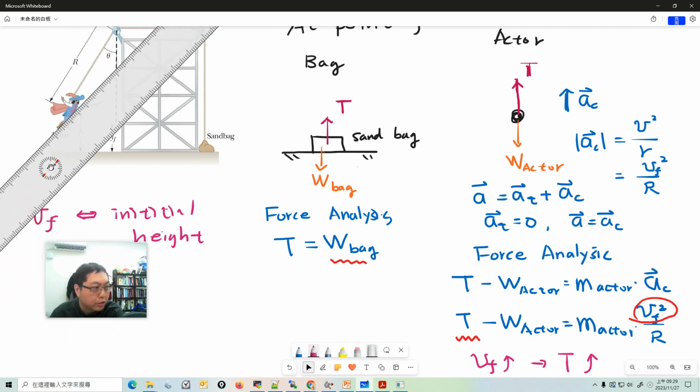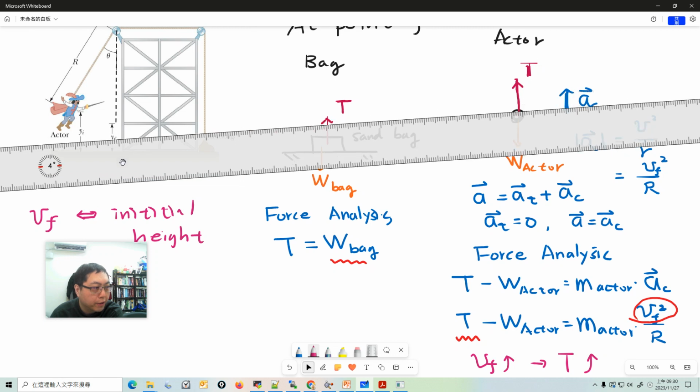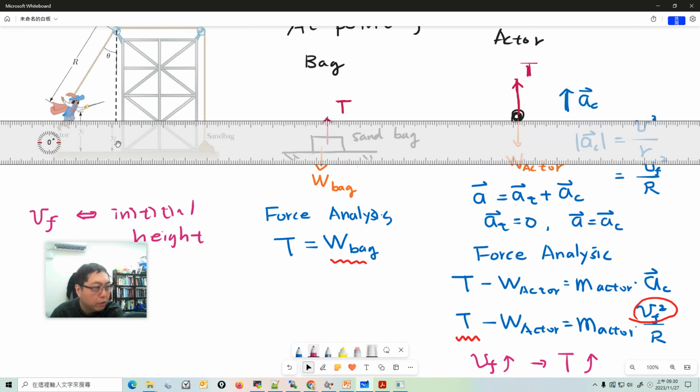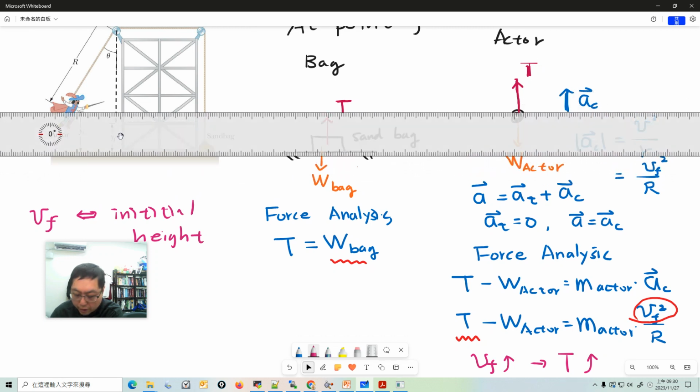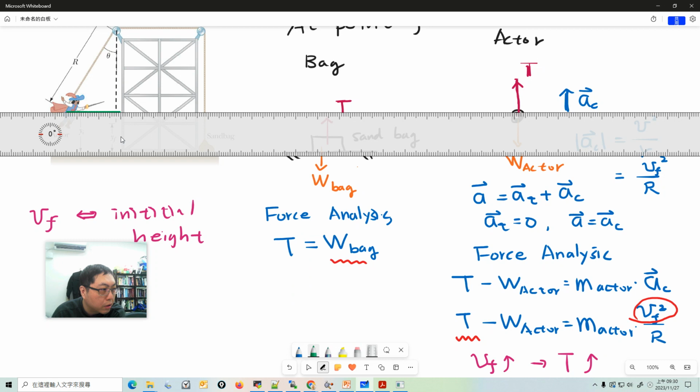Suppose the rope length R here. The length of this rope section doesn't change when the actor swings from I to F, but there will be a height change. It's not very clear, so let me draw it for you in green.